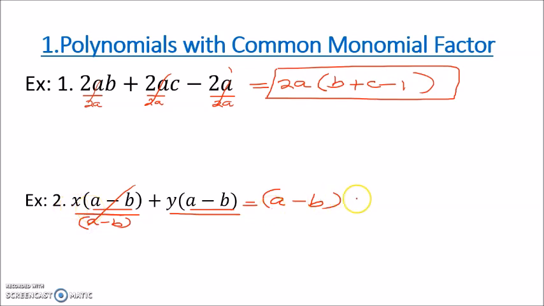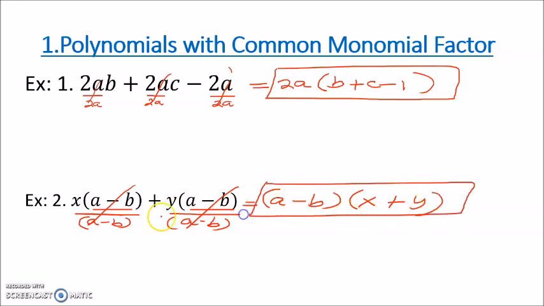Ang maiiwan si x. So, lagay natin dito x. And then, we have plus. Divide din natin ito kay a minus b. Kagaya nung sa kabila. Ang maiiwan, y. So, plus y. So, this is now the factored form of that expression. Okay. And take note, pwede yang baliktad.